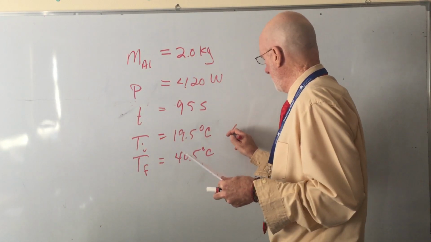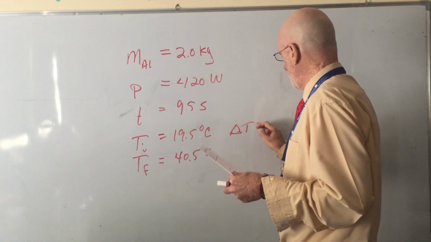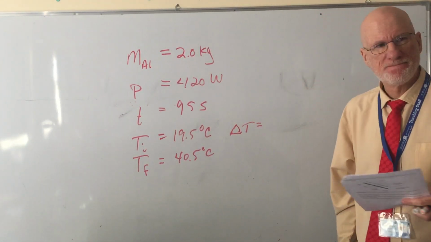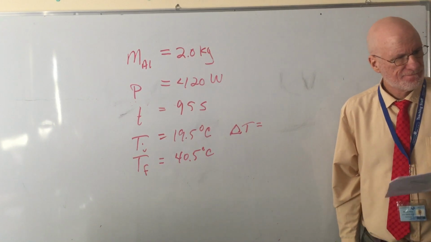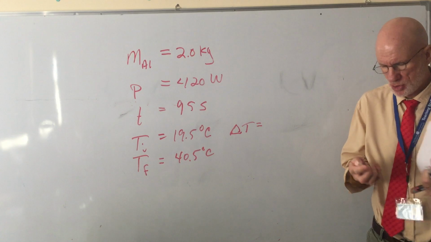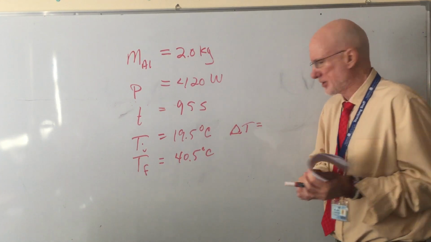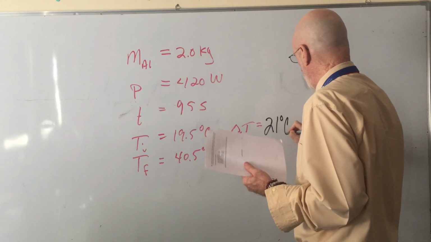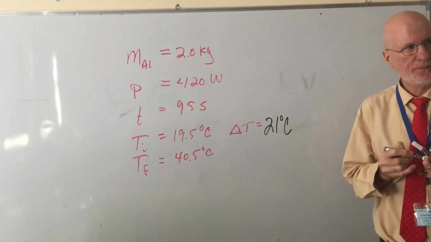Okay, right away, let's write delta T. What's delta T? 21 degrees Celsius, very good.